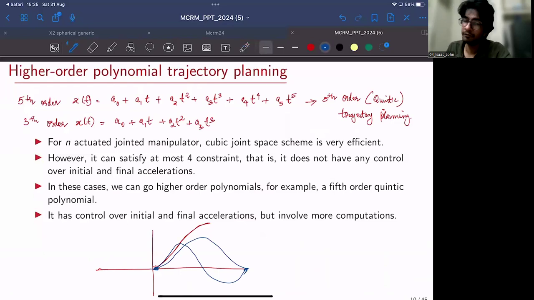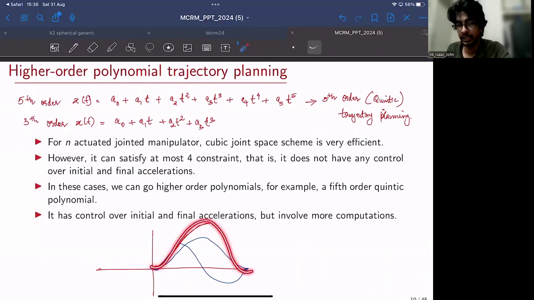So if you have a specification of position, velocity and acceleration, the quintic polynomial can conform to that specification.